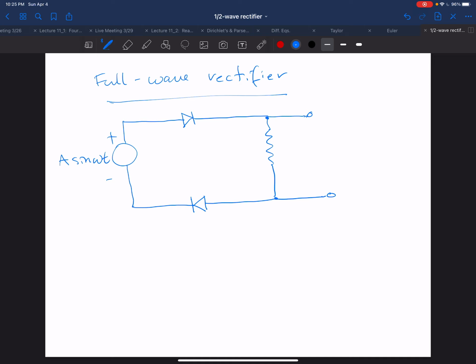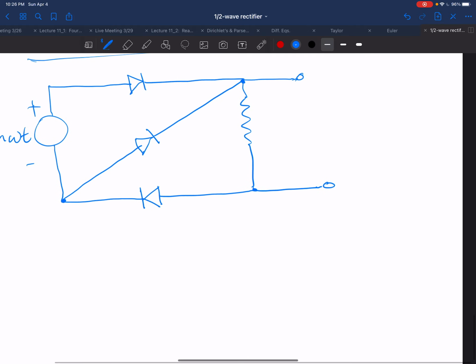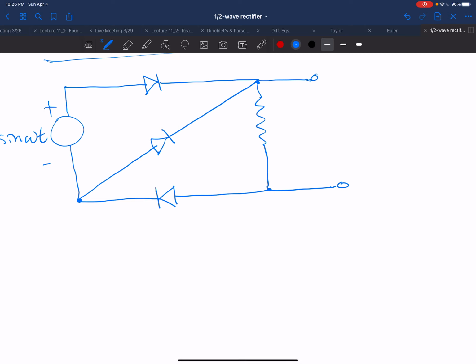So we know this will give us the positive part, or the non-negative part, of the sinusoid, if you like. But we'd like to use both parts. So we're just going to connect another half-wave rectifier by taking another diode, connecting it to the other side of the input voltage, and leaving more room for another diode.